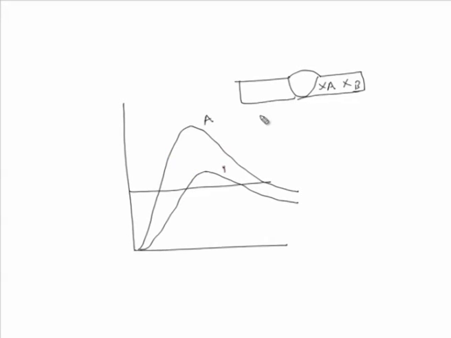So, the weld thermal cycle corresponding to A is this, and the weld thermal cycle corresponding to B is this.